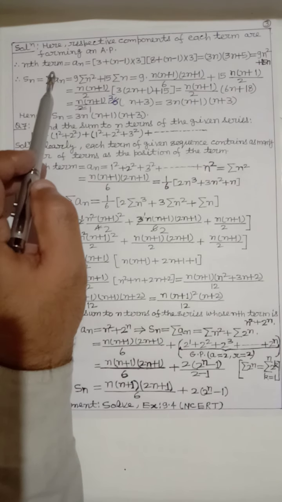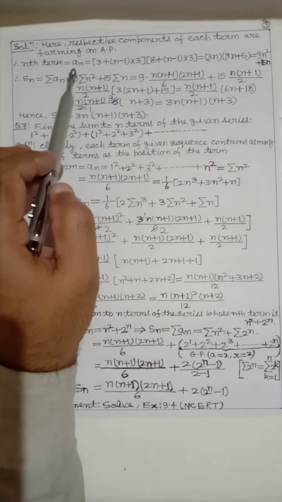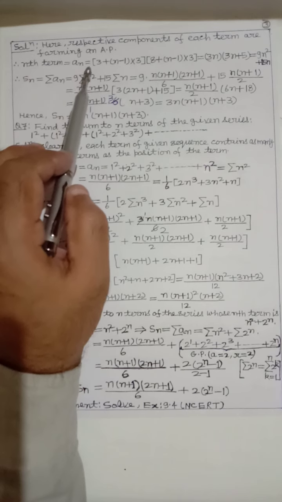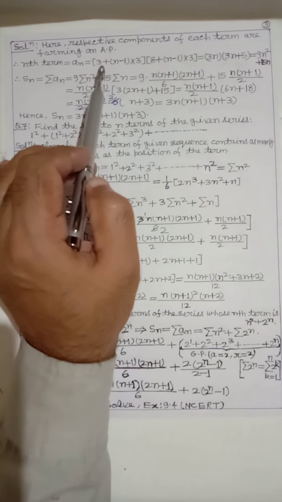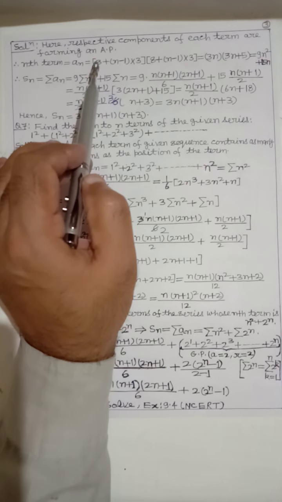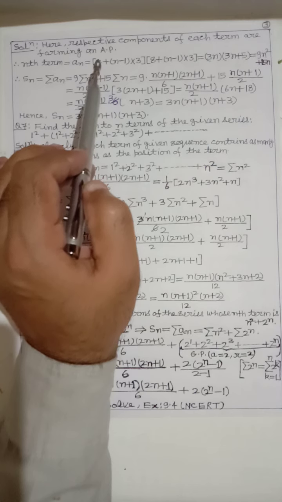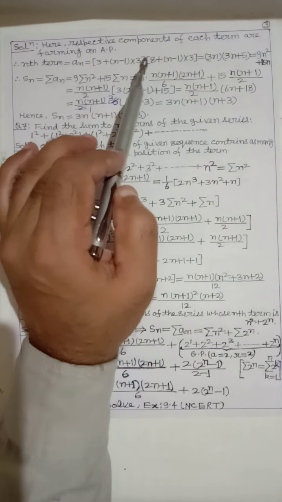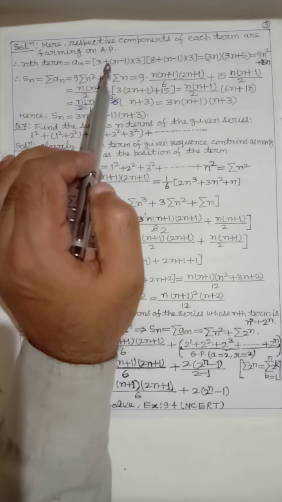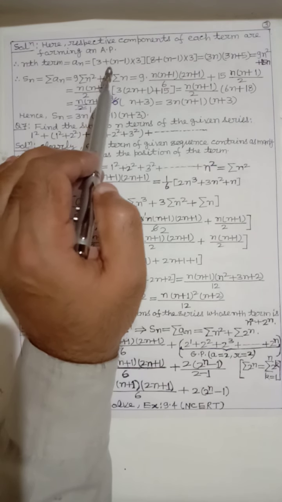So the nth term, already we know this is denoted by an, and this is equal to, here there are two APs formed. One is 3, 6, 9, 12 and so on, and second is 8, 11, 14 and so on.